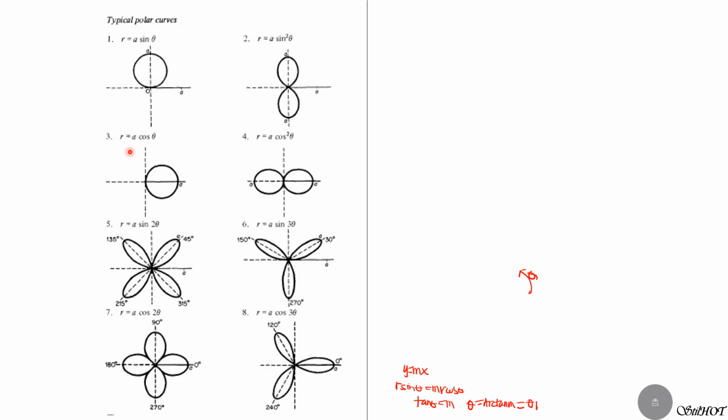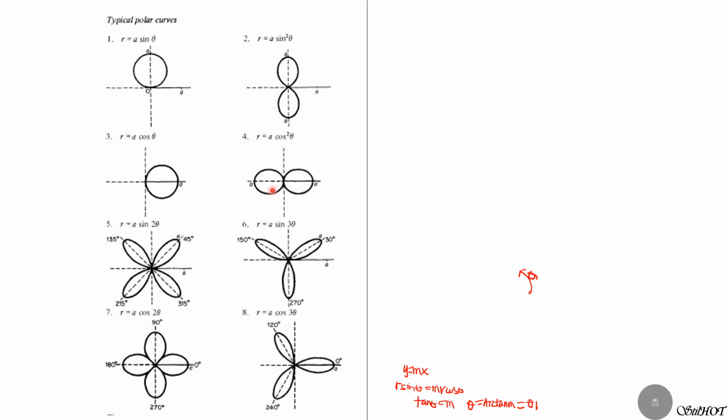Then r equals a sine squared theta, that's the two-leaf petal. Then r equals a cosine theta, a circle again with diameter a coinciding with the positive x-axis. Then this is r equals a cosine squared theta.